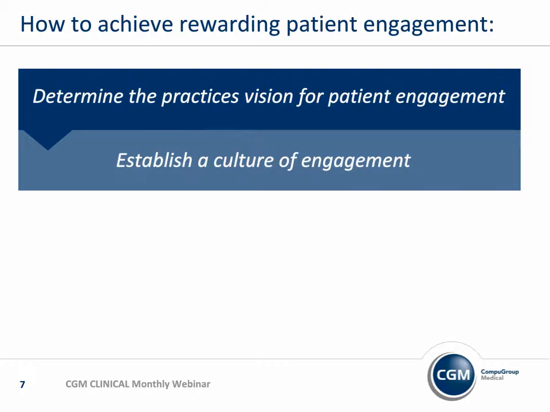Achieving practice-wide support is critical for successful patient engagement. When the leadership team has been involved in creating the patient engagement vision, they are more likely to be enthusiastic in implementing it. Use policies and procedures when transitioning with patient engagement. Be prepared with and communicate the benefits of patient engagement for patients, staff, and providers.